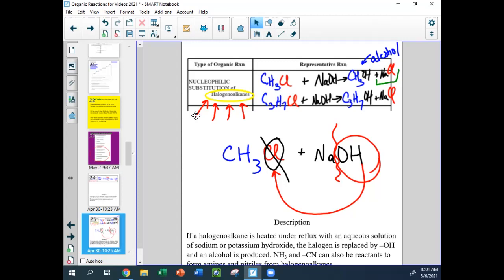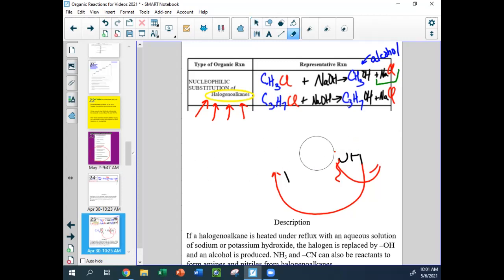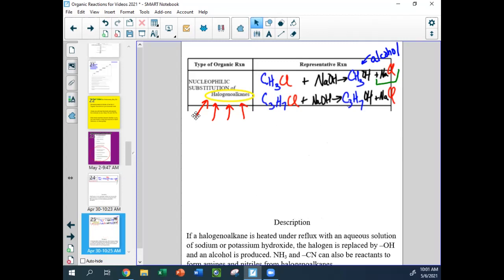A slightly more complicated compound here is chlorine on a propane molecule, so it's chloropropane. And it too can have the OH from the NaOH added to make an alcohol, with the NaCl as your second product. Nucleophilic substitution.